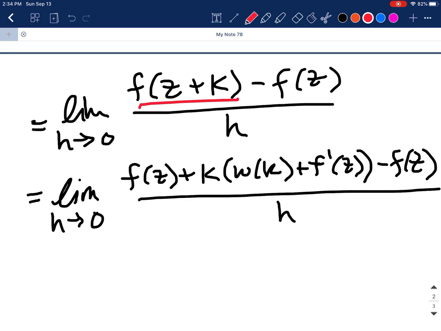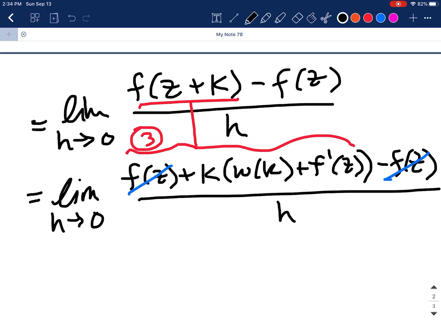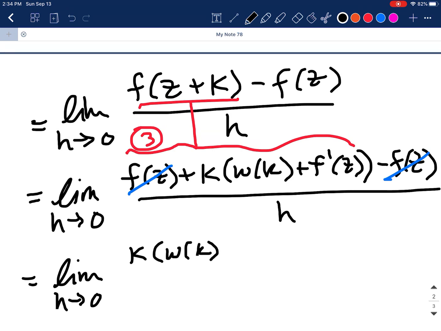So we went from here to here by equation 3. We're using equation 3 here, and we'll see that this is extremely nice because now our f of z's cancel. And what we end up with is the limit as h goes to 0. Now we're going to have k, w of k plus f prime of z all over h.